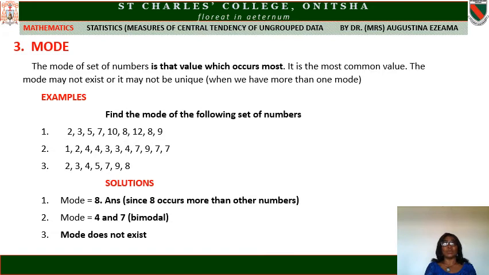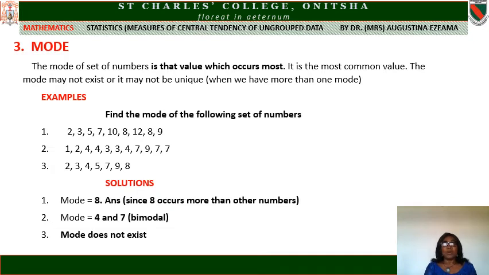Because if you look at number 2, you see that 4 appears 3 times, 3 appears 2 times, but 7 appears 3 times again. 1 is only once, 2 is only once, and 9 once. So 4 has 3 occurrences, 7 has 3 occurrences. That is why we have bimodal, which is 4 and 7.